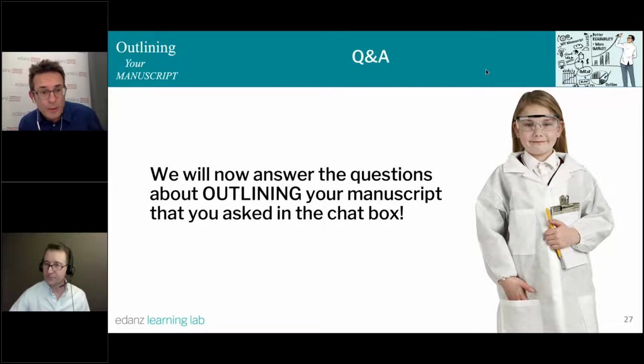A one-stop shop for doing that, of course, will be to look at the EdAnts Journal Selector tool. Put in your keywords specific to your subject area, what kind of surgery, what organ systems, what clinical approaches you're using potentially. That will give you a list of top journals. You can then rank them by impact factors. That's one way to go.